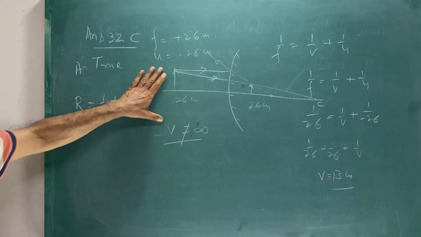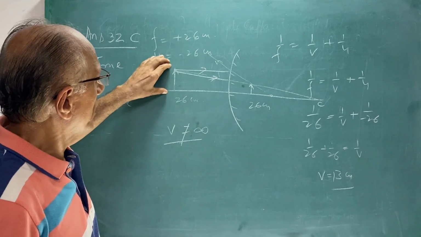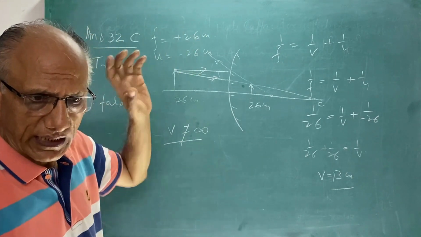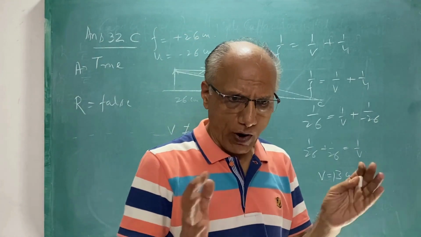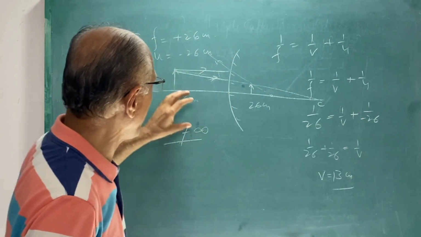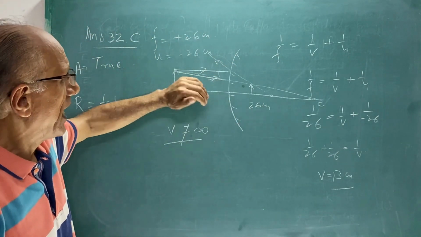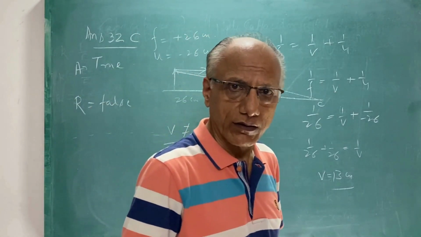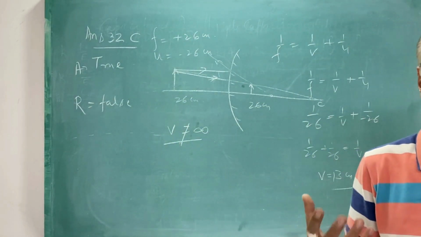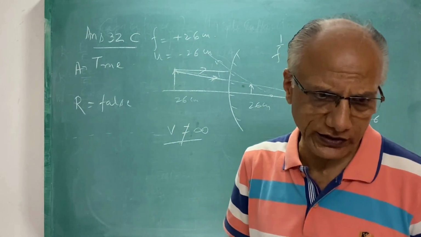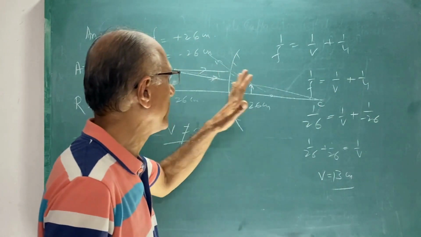Let us see once again. The assertion says a point object is placed at a distance of 26 centimeter from a convex mirror, and the focal length of the mirror is also 26 centimeter, and the image cannot be formed at infinity.